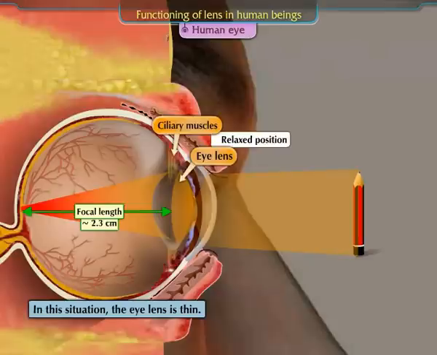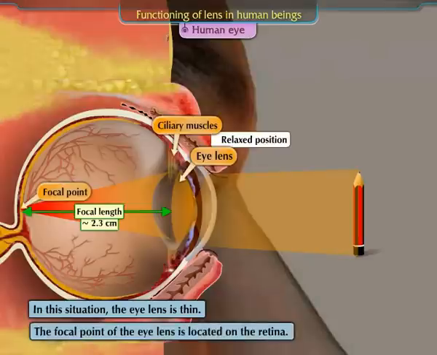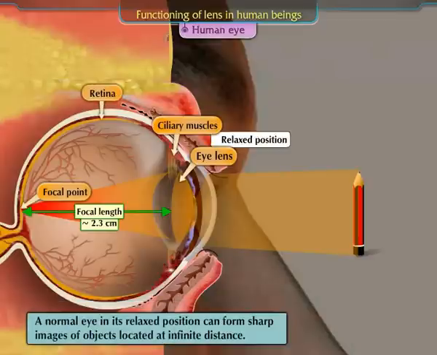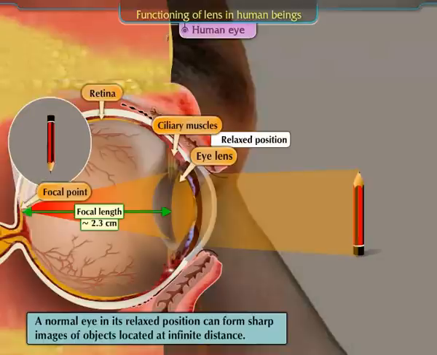In this situation, the lens is thin. Thus, the focal point of the eye lens is located on the retina. Hence, a normal eye in its relaxed position can form sharp images of objects located at infinite distances.